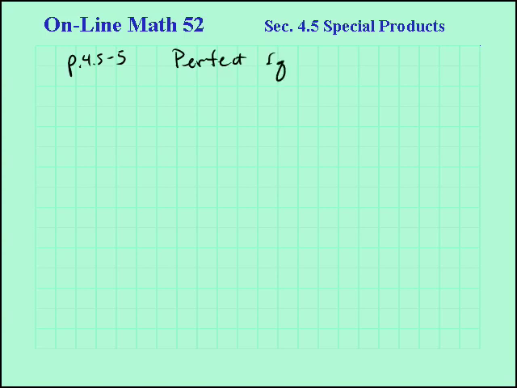Perfect square binomials. And what that means is something squared, a binomial squared. For example, x plus 9 squared. I'm actually looking at example 4a.